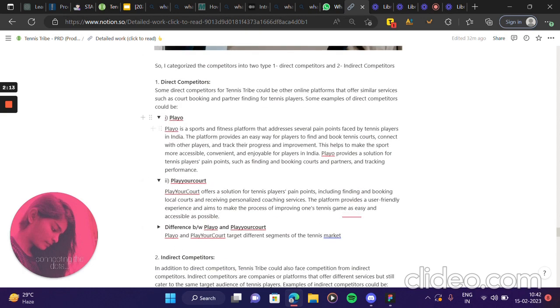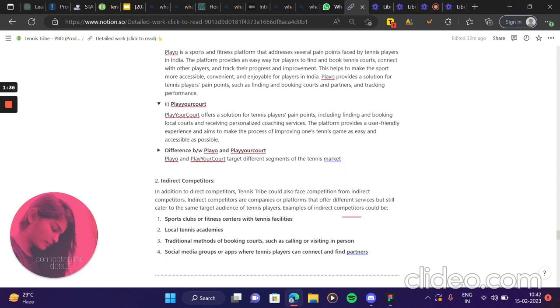When it comes to Playo, they focus on the Indian market, and Playo Court focuses on the international market. Playo provides solutions for tennis players' pain points such as finding and booking courts and partners and tracking performance. And Playo Court provides a user-friendly experience for improving your tennis game, with personalized coaching services.